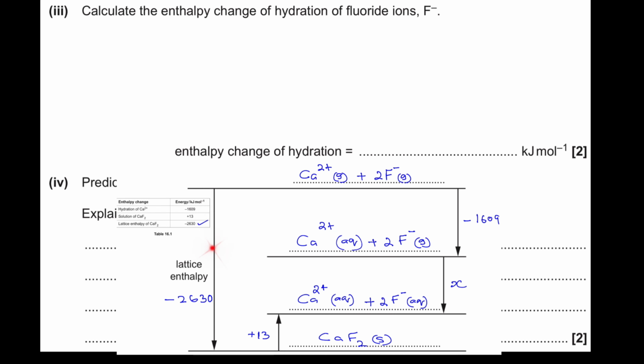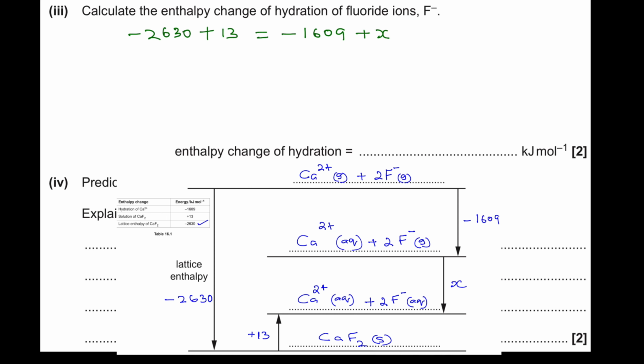Here I can see that's minus, that's plus, that's minus, and there will be another value here which looks like -2630 plus 13. That's on the left hand side, and that should be equal to the right hand side, which will be -1609 plus X. We can just call that X, or we can say it's minus X, but I've chosen plus X, and I'm just adding that to that.